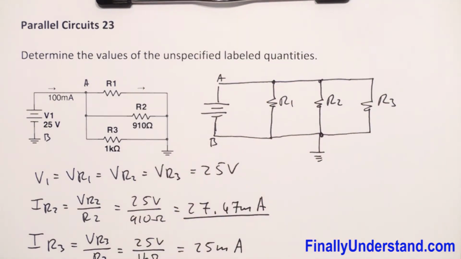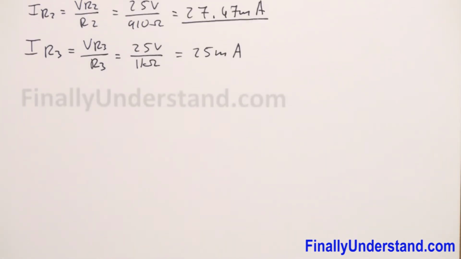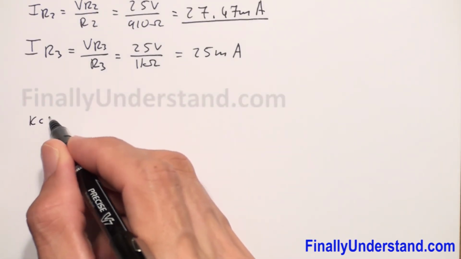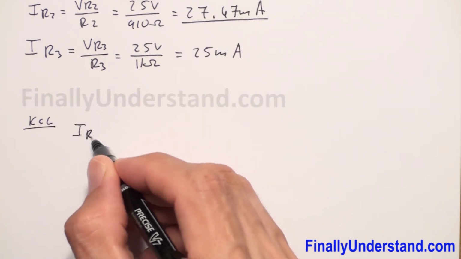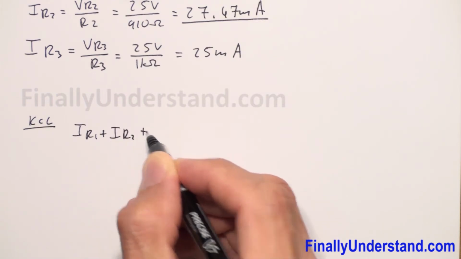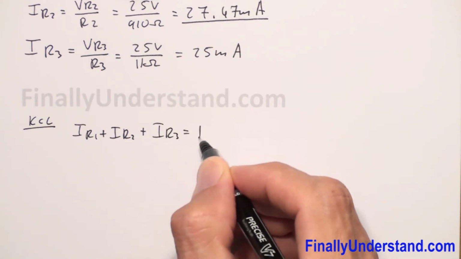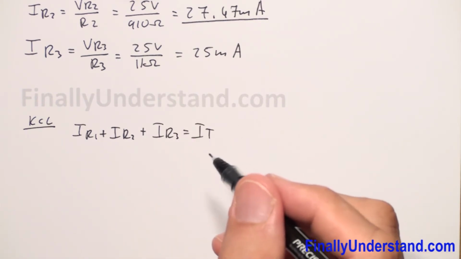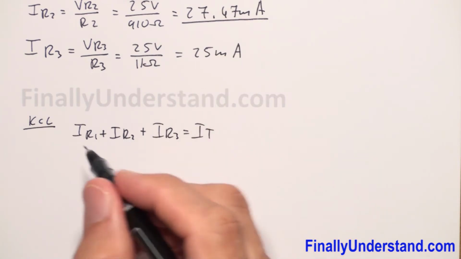Now we're supposed to find the current which will go through resistor R1. Please notice that in this case we're supposed to use the KCL. KCL says that IR1 plus IR2 plus IR3 is equal to I total. So if I want to find IR1, I have to move IR2 and IR3 to the right side.